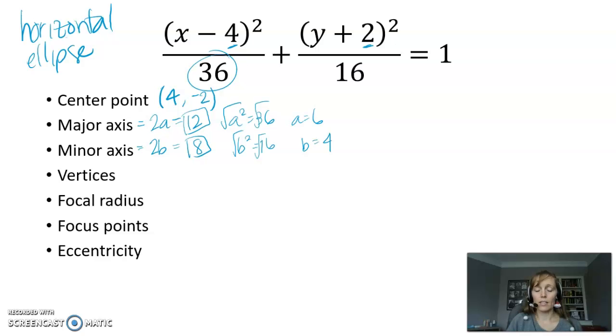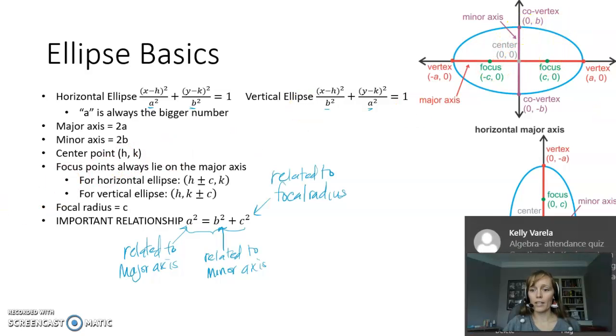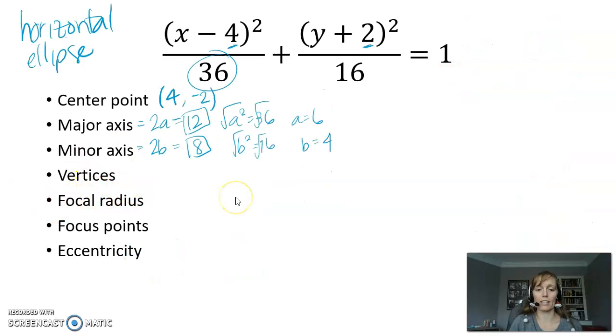Now the vertices on an ellipse, those are the points here that intersect with the major and the minor axes. And so those are a consistent distance between the center out to the vertex. It's from the center to the vertex is half of the major axis on the major axis side, and then the other vertices go from the center to the minor axis, so it's the distance of half of the minor axis.